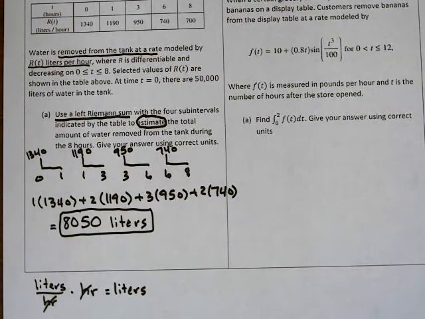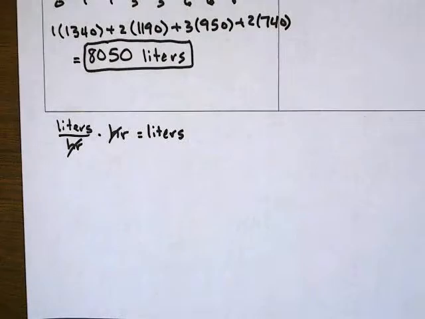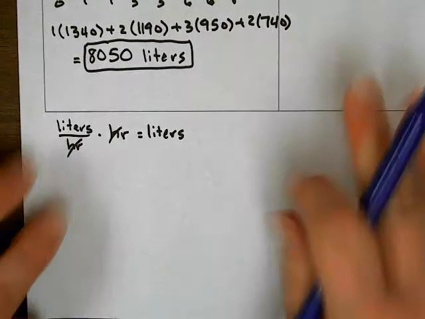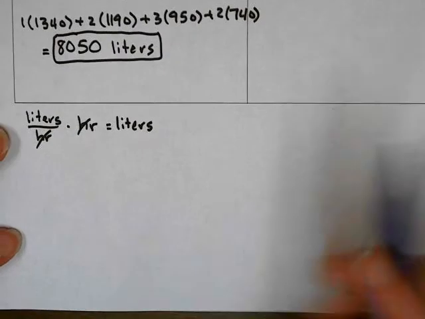Again, this one did not ask you for an explanation, but I'm going to write one underneath just to show you what it would look like. So we need to think about what we measured, and we measured the total amount of water removed from the tank during the 8 hours.